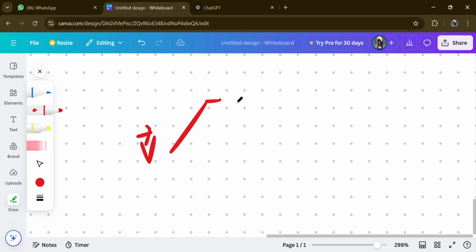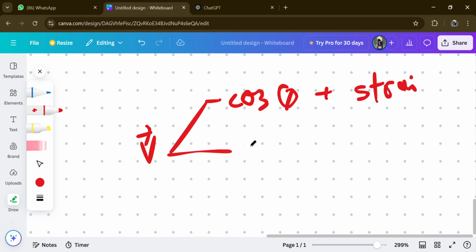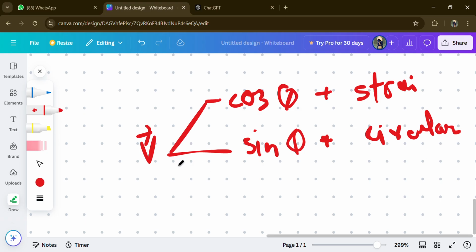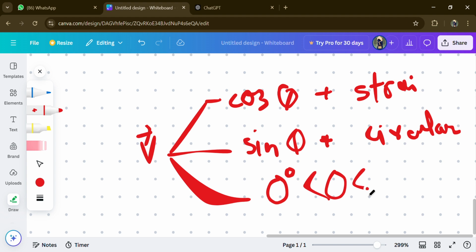The first condition is that cos theta made it move in a straight direction, and sine theta made it move in a circular direction. Now the third condition is when theta is greater than 0 degrees and less than 90 degrees.